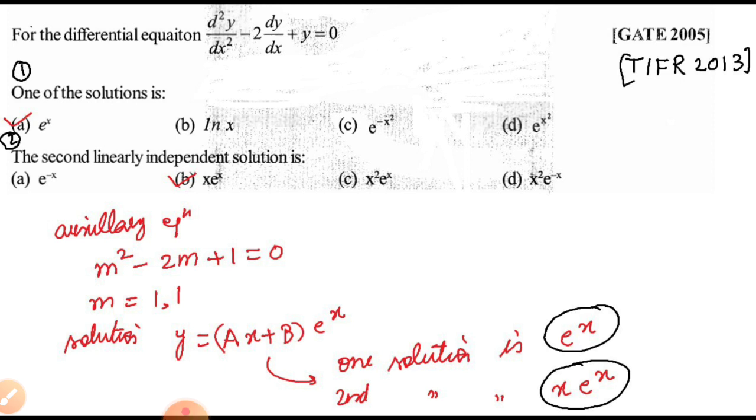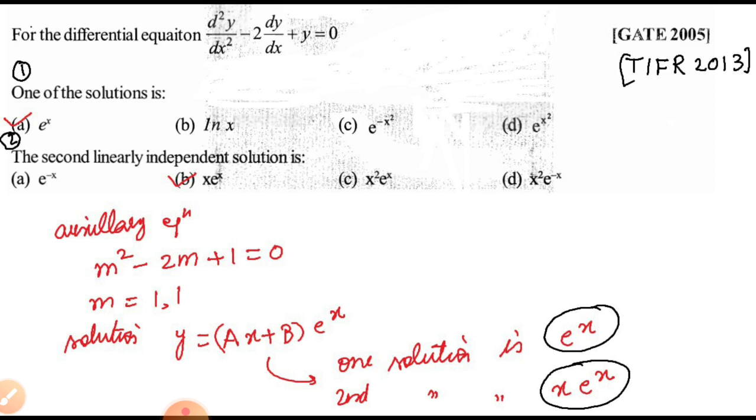If we solve this quadratic equation, we will have the solution m equals 1, 1, because it has two equal solutions. If the solutions are equal, then the solution of such a differential equation will be (ax plus b) times e to the power x.